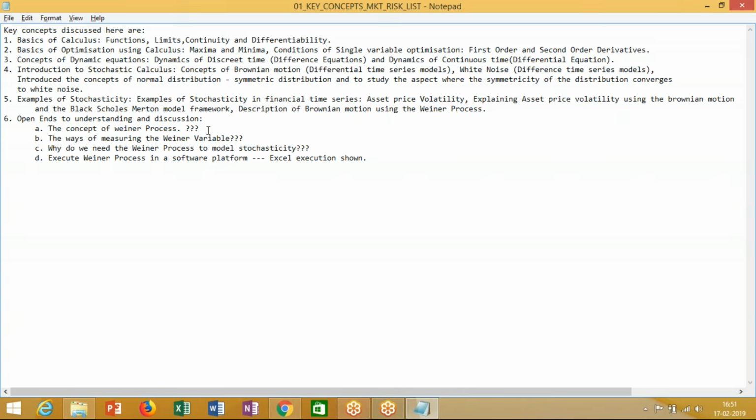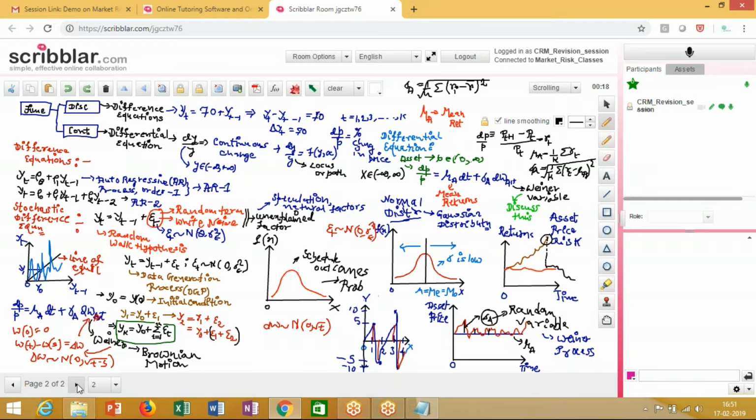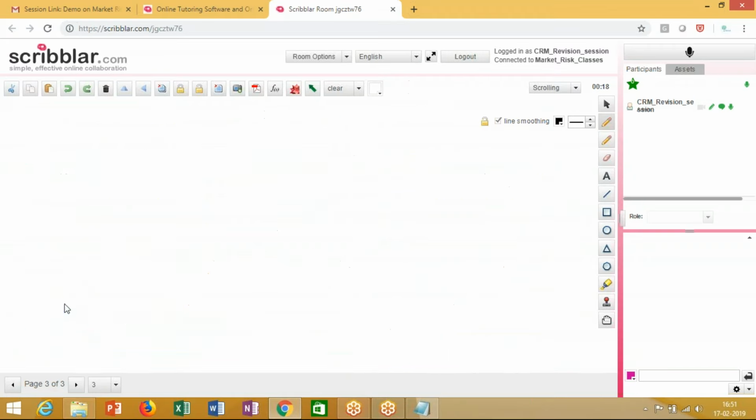Okay, so very quickly we'll just wrap it up. Whatever we were discussing over here, we have two things to understand. Let's first try with the asset price movement.